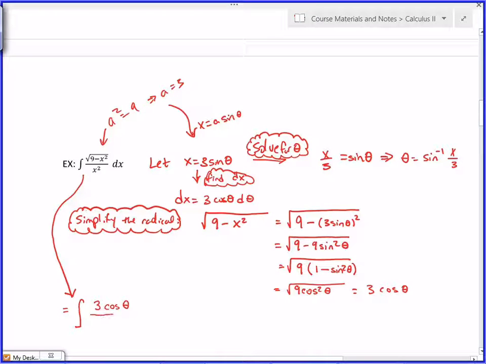What's in the denominator? Square both of it. 9 sine squared theta. And then dx, 3 cosine theta d theta.